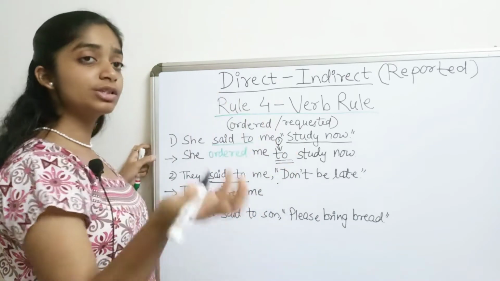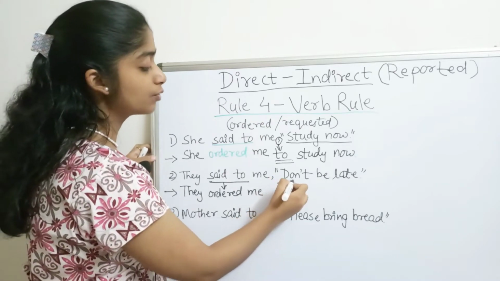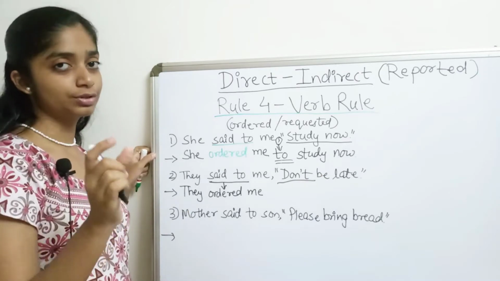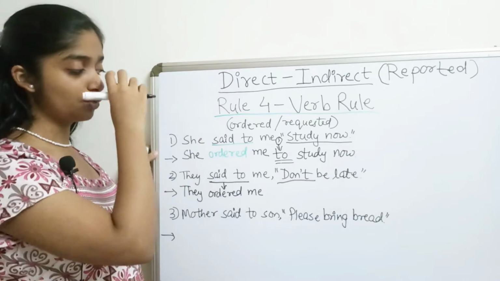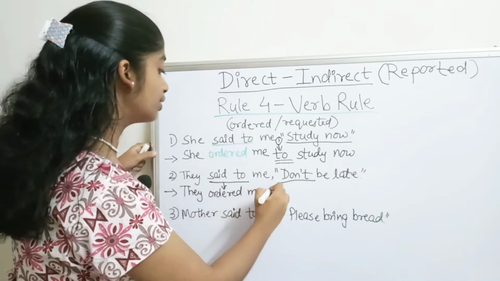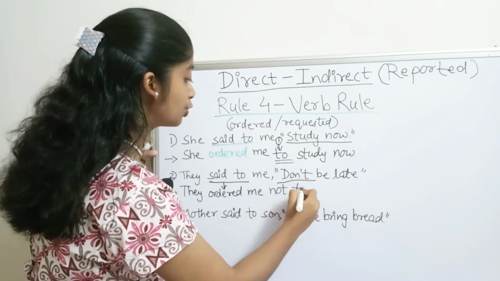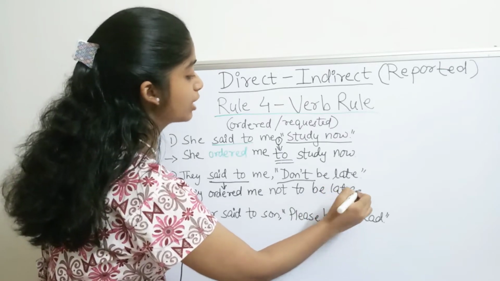This was a positive sentence, study now, and here we are coming across the word don't, which is a negative word. Don't indicates do not. The full form of don't is do not. Don't be late. They ordered me not to be late. This will be your answer.